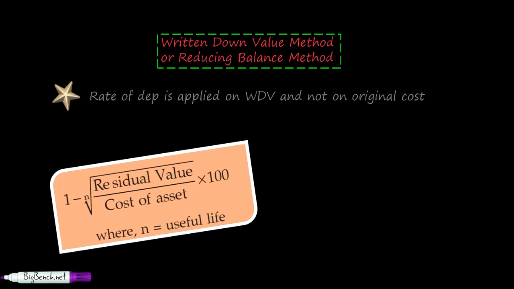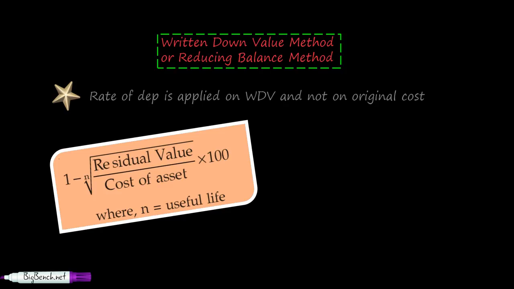The calculation of rate of depreciation under reducing balance method is quite complex. It requires a scientific calculator or reference to complex mathematical tables. So usually they will not ask you to calculate rate of depreciation under this method, that is reducing balance method. Nevertheless, we can at least get introduced to the formula.